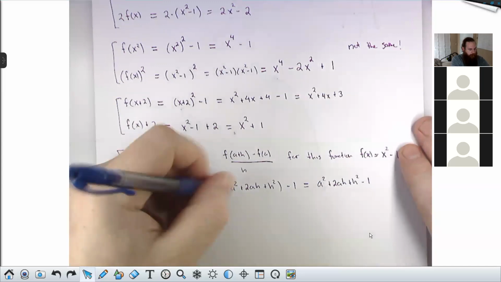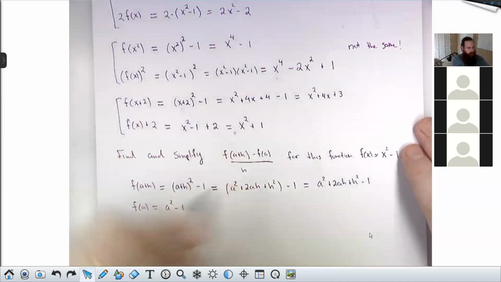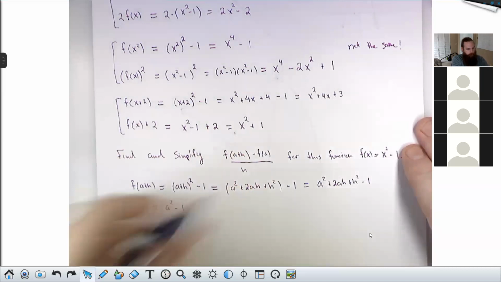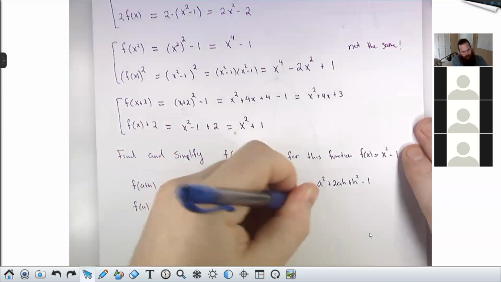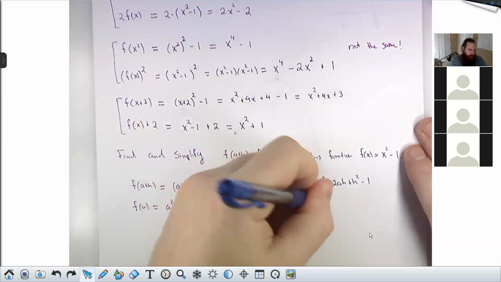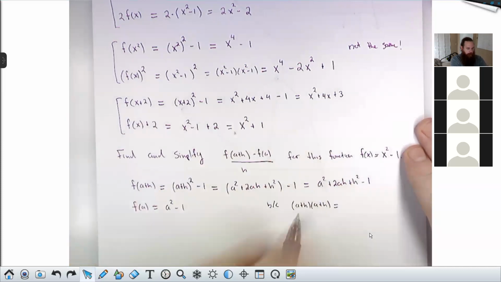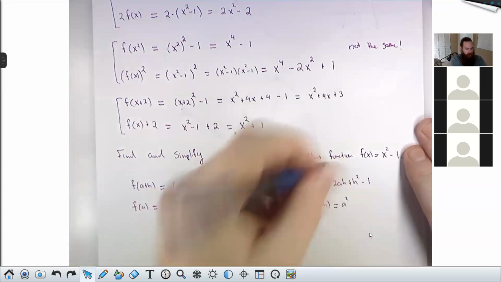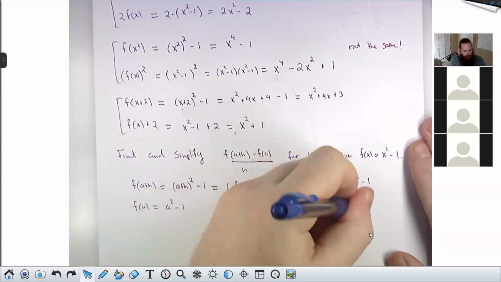So the in-between step here was to write out a plus h squared. I had to do some foiling there. So while you're writing, I'll add this little detail maybe. If we FOIL, my firsts are a times a is a squared. My inners and outers are both ah.